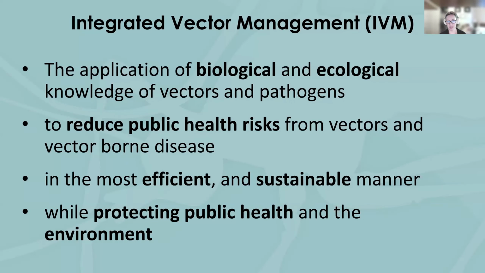Integrated vector management is the application of biological and ecological knowledge of vectors and their pathogens to reduce public health risks from vectors and vector-borne disease in the most efficient and sustainable manner while protecting public health and the environment. And I know that's a lot, but we'll talk about each element of these things as we go through this presentation today.